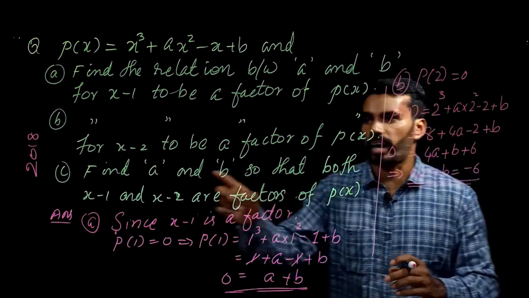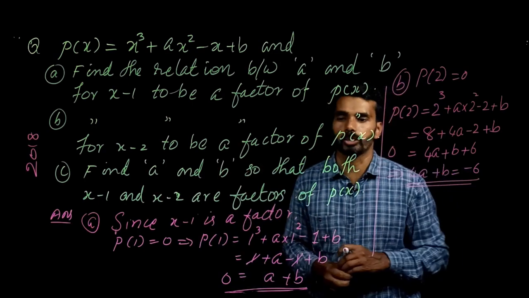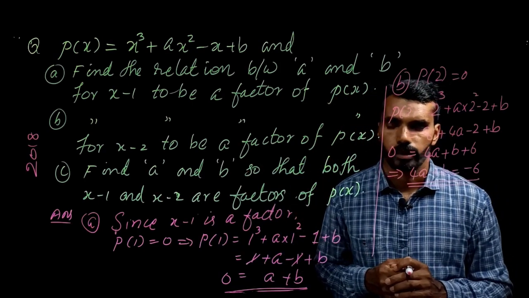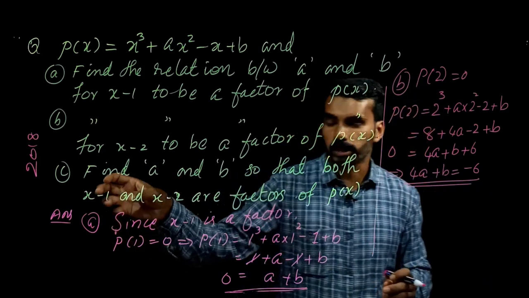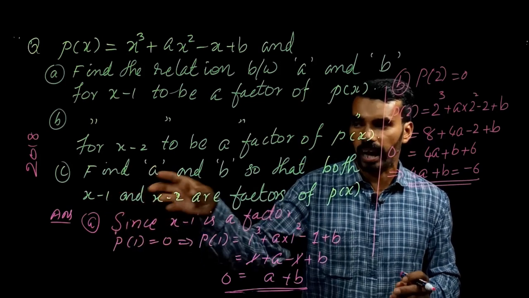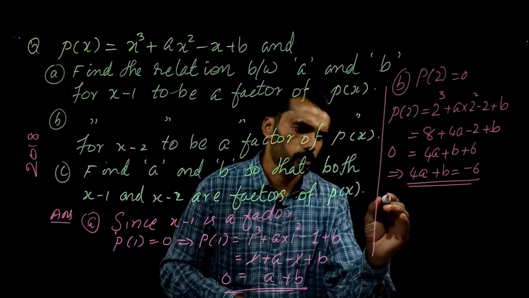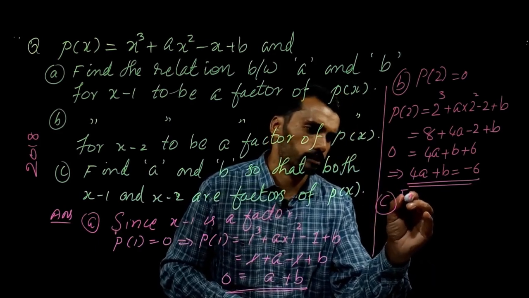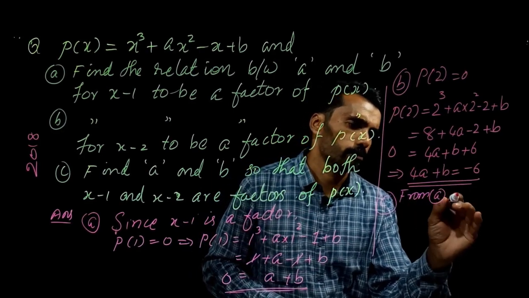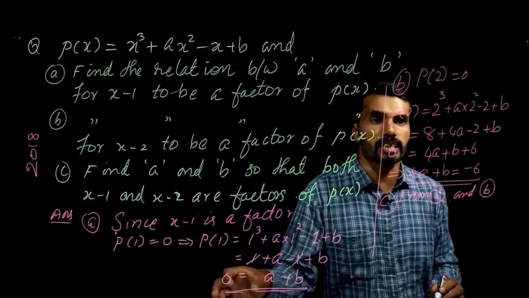Now the third question, find a and b so that both x minus 1 and x minus 2 are factors of P of x. Since x minus 1 is a factor, from the first we have a plus b is equal to 0.